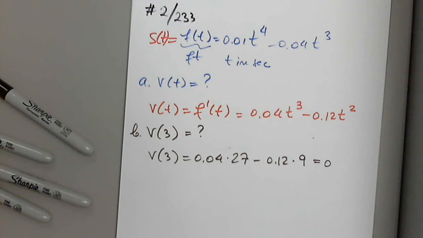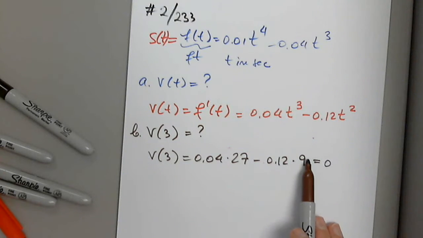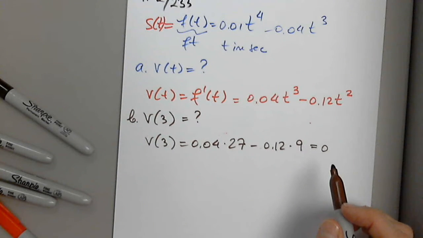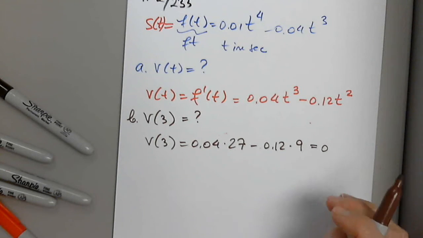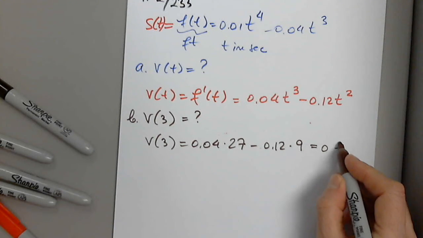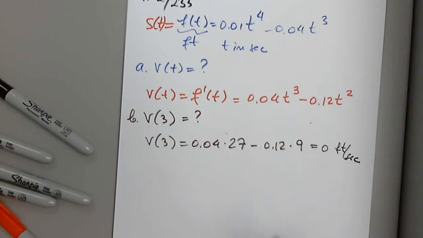Wait, are you finding velocity after 3 seconds? Yes. Okay, v of 3: 0.04 times 27 minus 0.12 times 9. Did we get 0? Did anyone else get 0? Yes, feet per second.